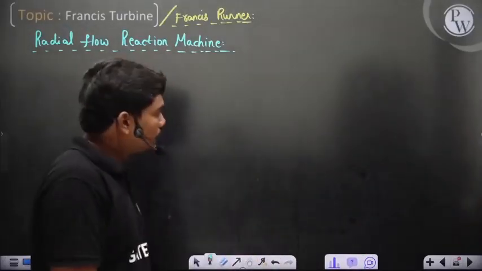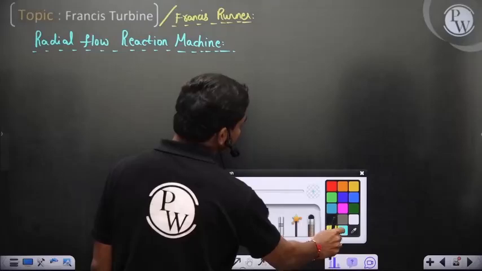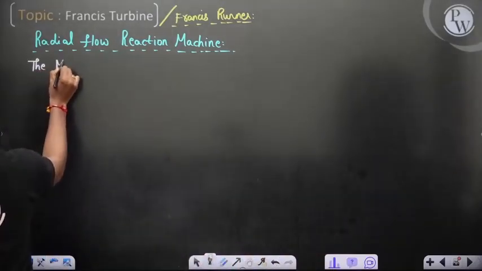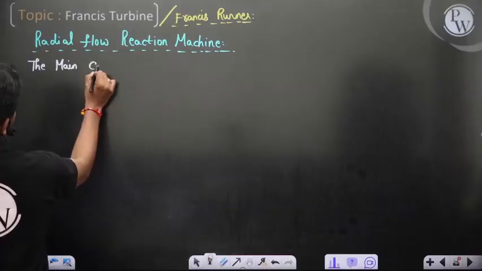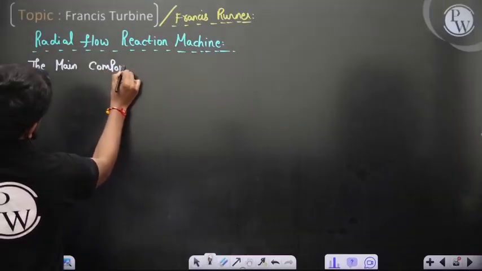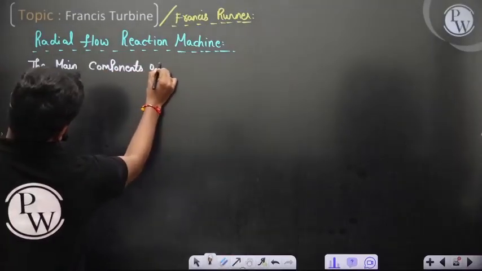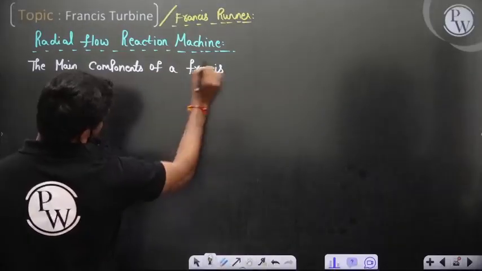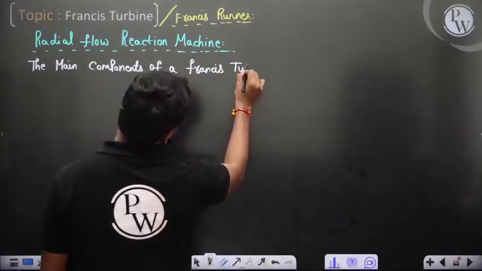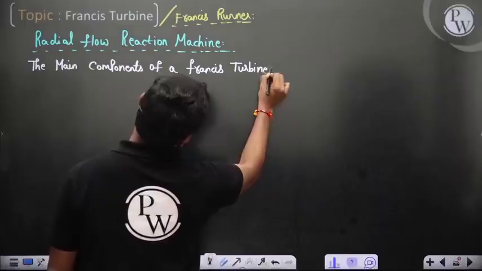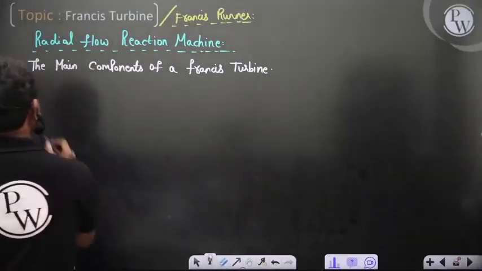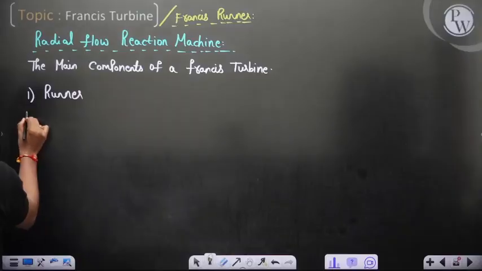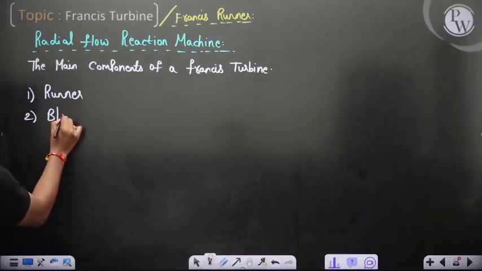Okay, so let's first see the main components of a Francis turbine. First, we have the runner, with the blades mounted on it.